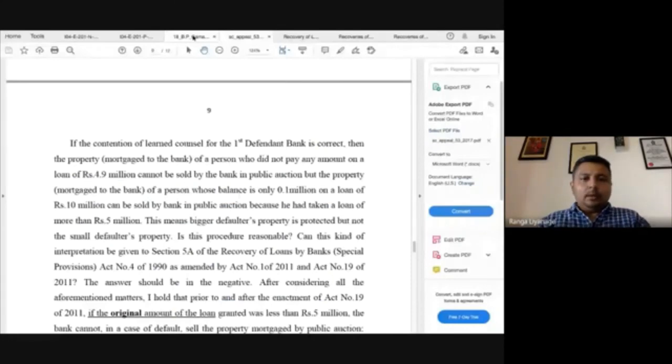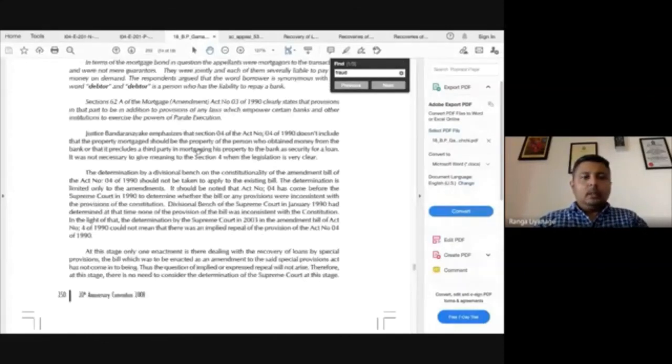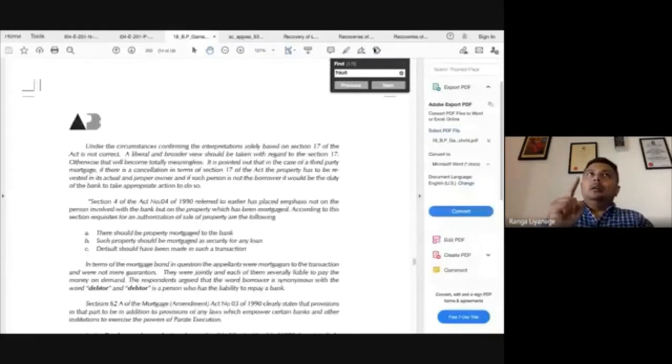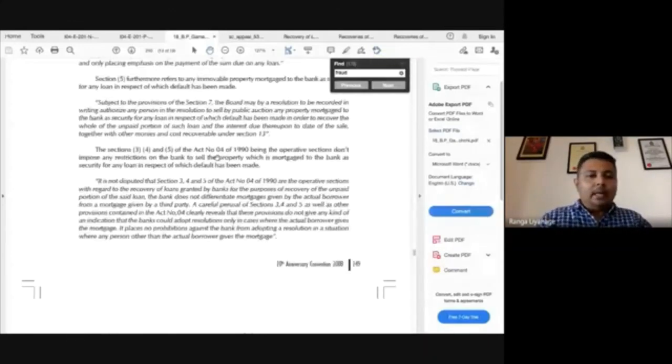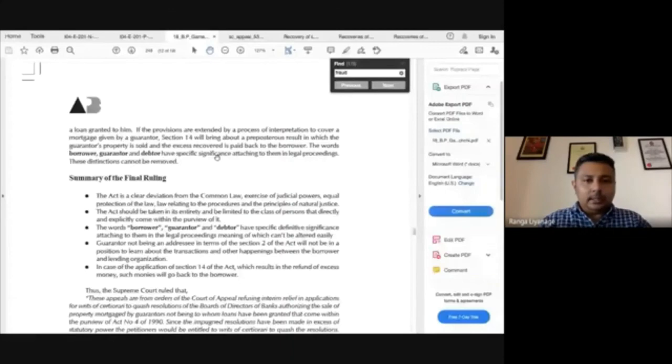The court held that the bank cannot go for Parat execution if it's a third party's mortgage property. If the property mortgaged is not of the borrower, but is a property of a third party, the bank cannot go for Parat execution, right? This is the case reference I will give you.